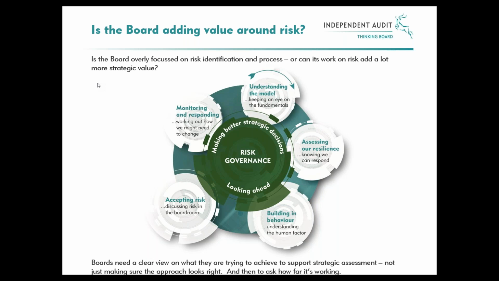Starting at 12 o'clock, we feel that what boards should be doing as part of their risk governance is making sure they understand the model of the organization, what really drives it, what the core processes are. If they haven't got a good understanding of that, then it's difficult for them to ask whether risk management is working and whether the risks are being identified and evaluated properly. So the board needs a fundamental understanding of the business model.